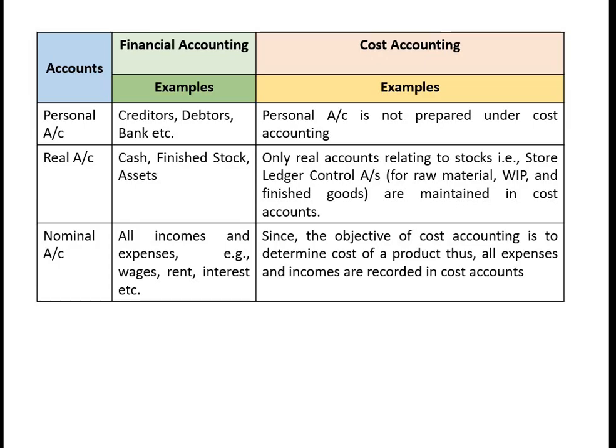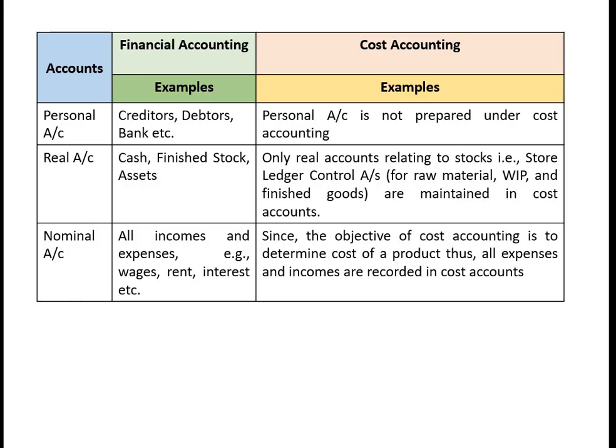It is to be emphasized that even a cash account is not prepared under cost accounting, and the transactions to be recorded under cash account are recorded in the general ledger adjustment account. So for personal account plus cash account, we prepare the general ledger adjustment account or cost ledger control account.